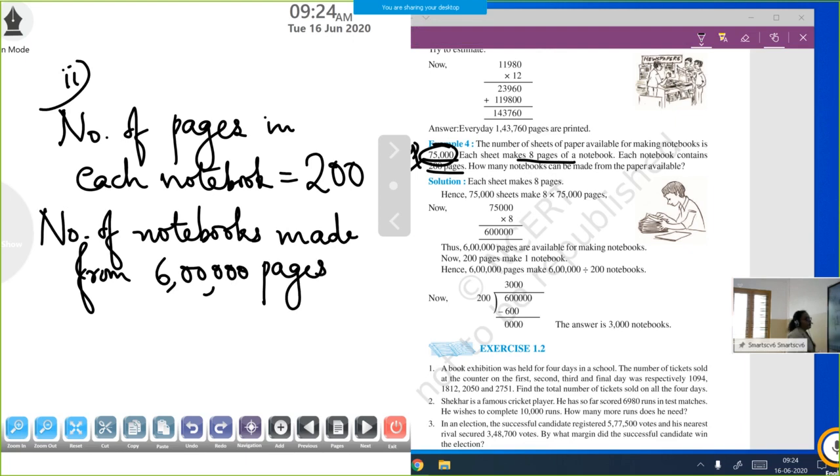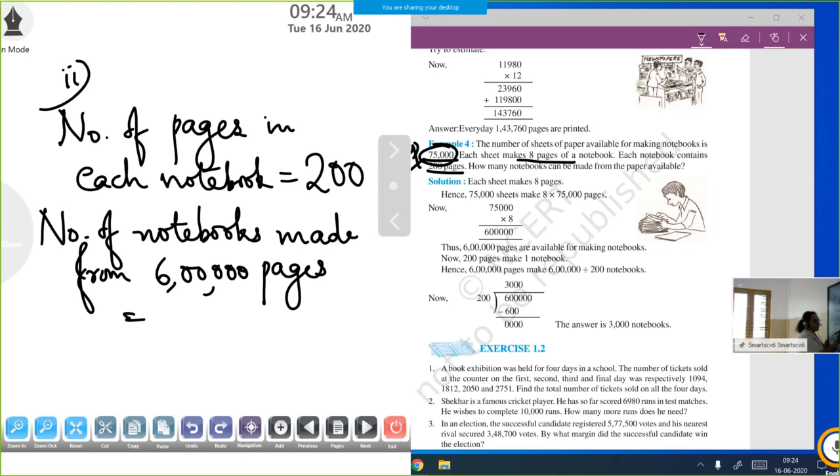So you have to find how many notebooks we can make using 6 lakh pages. What to do, children? We have to divide. We want how many notebooks we can make, so we should divide that.